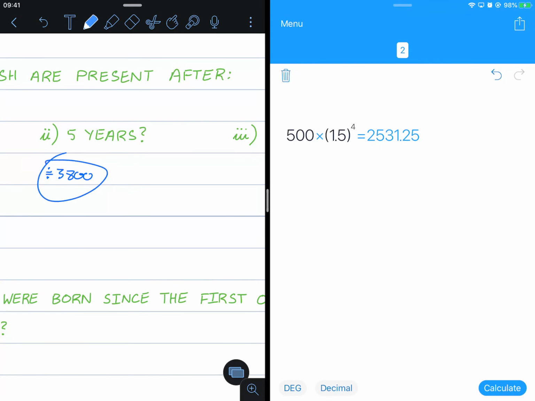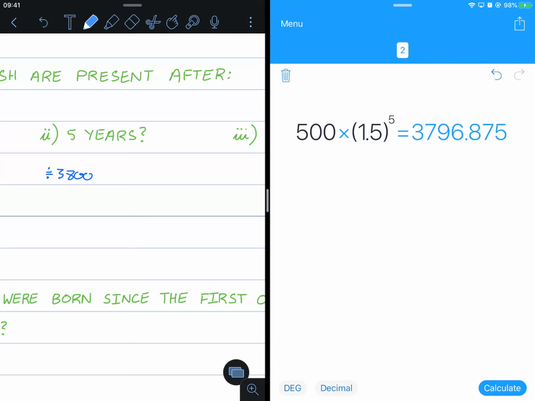So this number is taken from the graph, but since we have the equation, we can just substitute that value there, and there we have it. It's actually exactly 3,797, rounding up to the nearest whole. So we weren't too far off in that one.